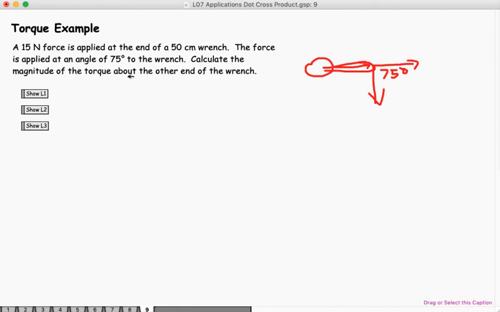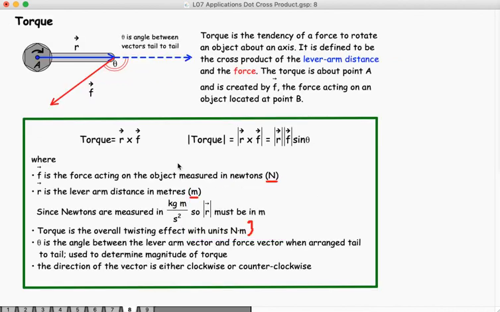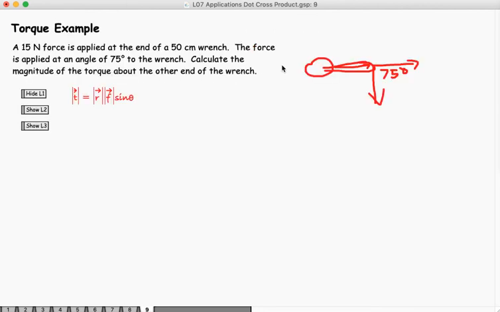The magnitude of the torque would just be equal to the magnitude of the cross product. That would be the magnitude of R times the magnitude of F times sine of theta. And remembering from over here that R is the lever arm distance in meters. Of course, that distance right now is expressed in centimeters, so I'm going to have to change that to 0.5 meters.